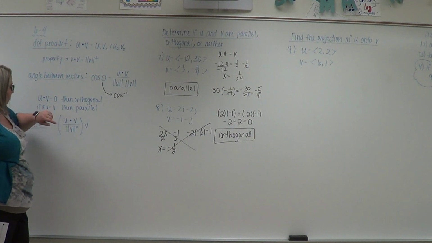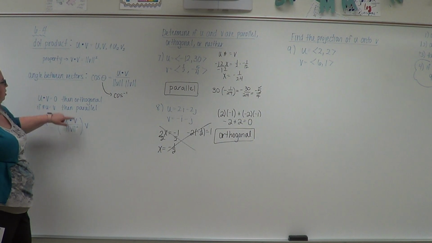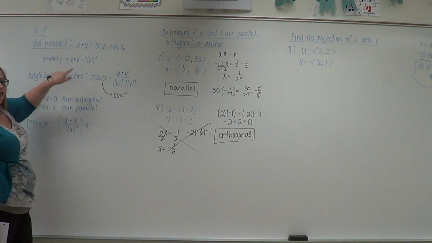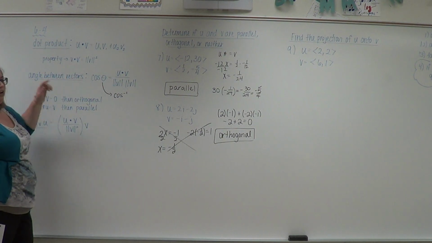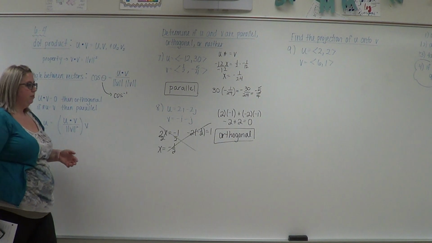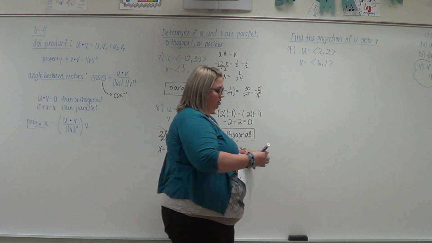So I have to find the dot product of u and v, and I'm going to have to find the magnitude of v squared. Well, if you do the dot product with v itself, that is the magnitude squared. So that's why I wrote this property down there, because that kind of saves you a step from square rooting and then re-squaring. Okay? So first thing I'm going to do is find the dot product.